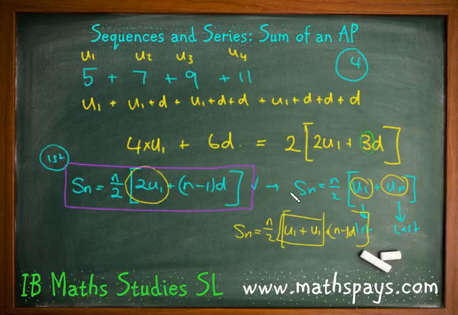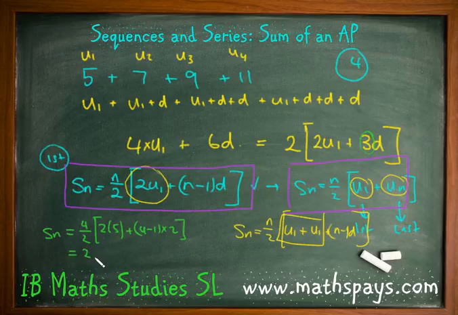This will allow us to very quickly add up all these terms together, believe it or not. And of course they are on our formula sheet. So if I apply that to this particular question, Sn equals 4 divided by 2, and I've got 2 lots of U1, so 2 lots of 5, plus 4 take away 1 times a difference of 2.